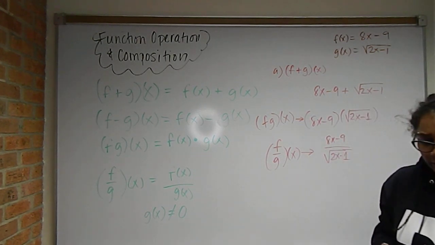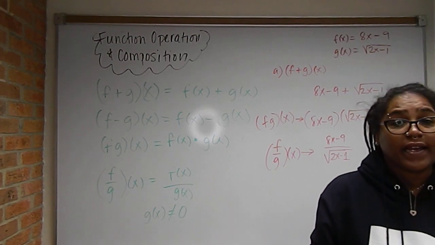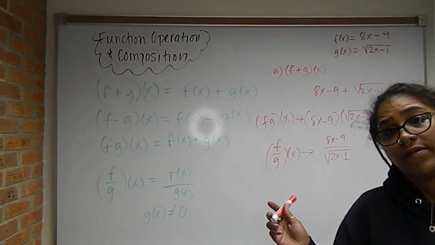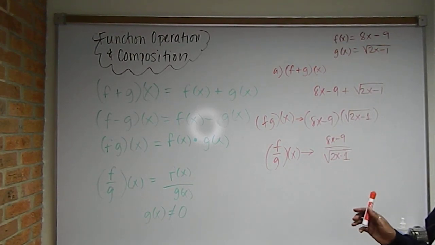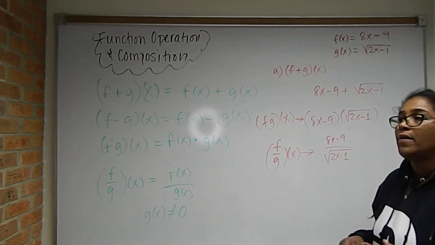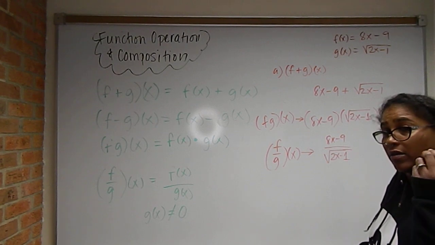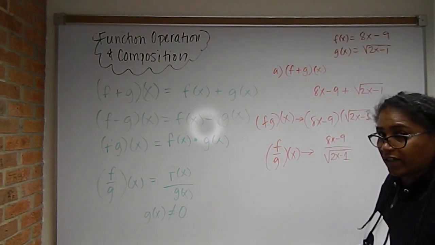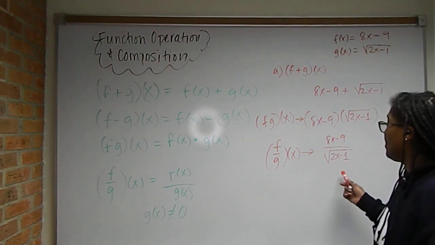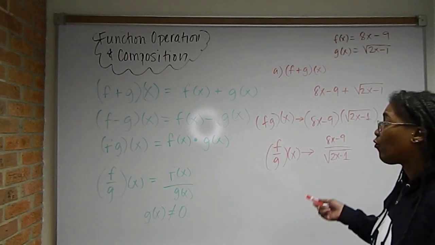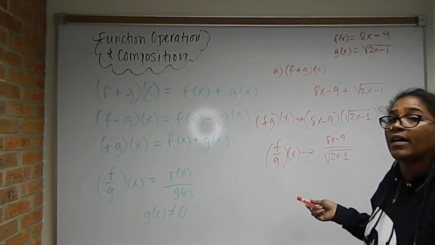So I want you to know, right now, you can leave this answer, depending on who your instructor is. But fractions are called rational expressions. We've talked about this. And you cannot leave a radical in the denominator.